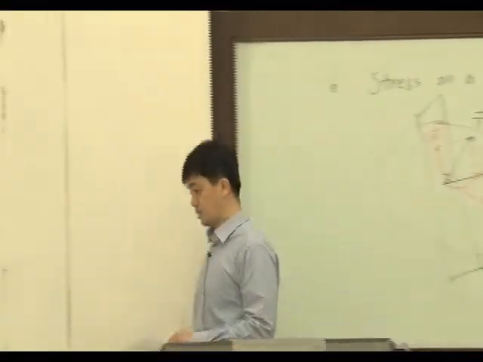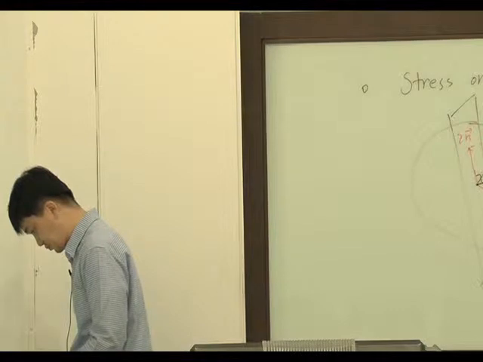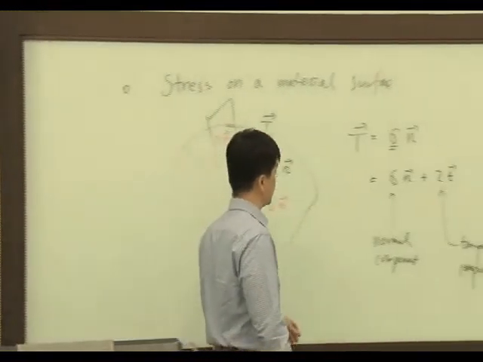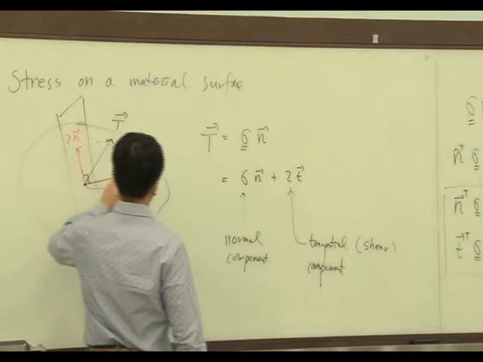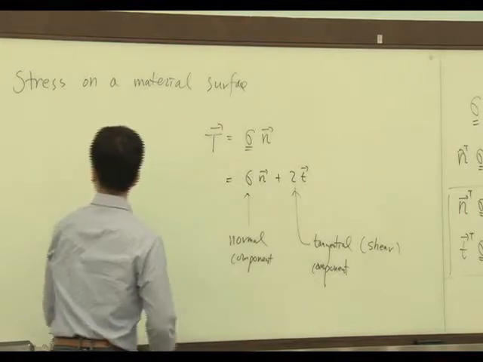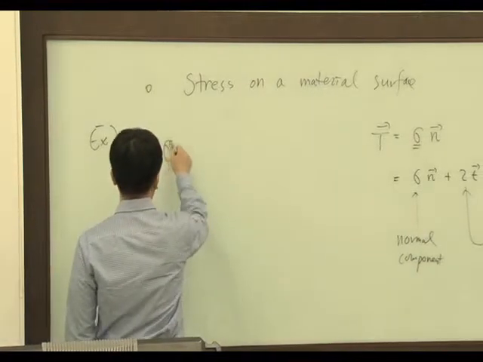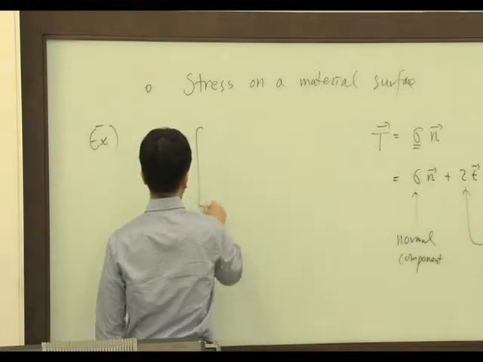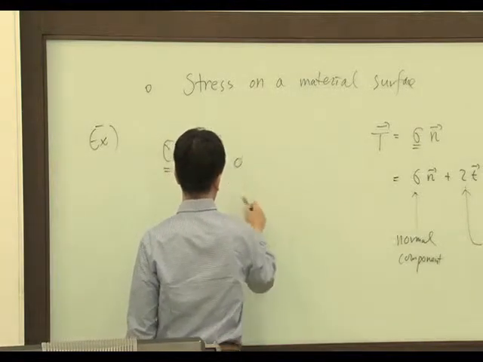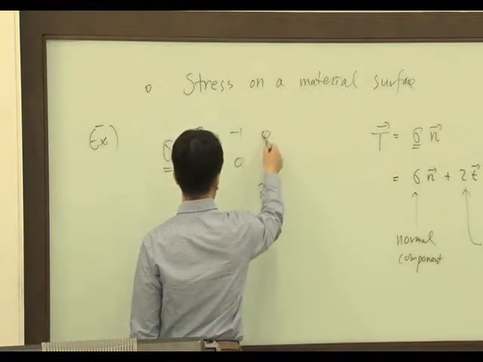Okay, then let me give you an example. Let's say we have a stress tensor 10, 0, 2, minus 1, minus 1, 0, 0.